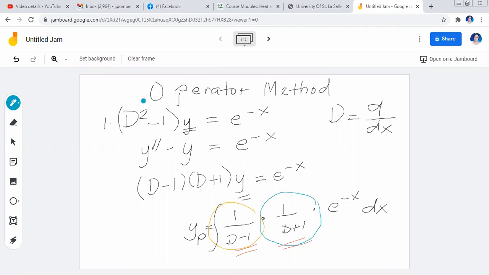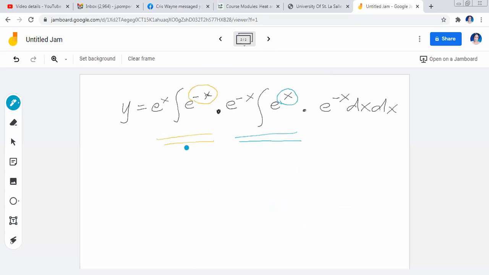The operator method can have an ln, can have a tangent. It doesn't have any limitation on the g of x. Its limitation is here on the left side. It requires that your polynomial in the operator D should be factorable. So, okay, I hope I have explained that well.